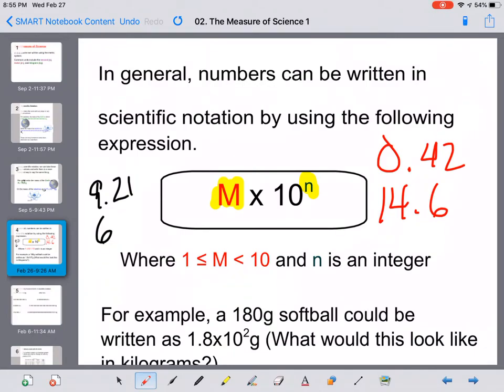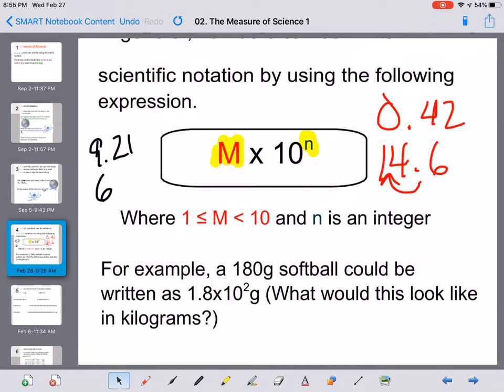Because its m value is greater than 10, that decimal actually has to go after the 1 and before the 4. So, for example, we can see that we have a 180 gram softball, which could be written as 1.8 times 10 to the 2.